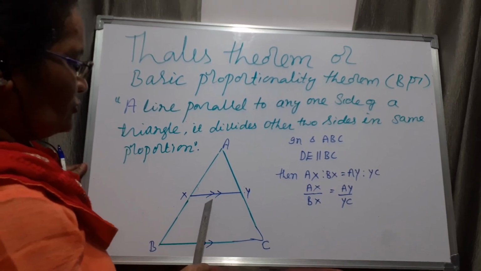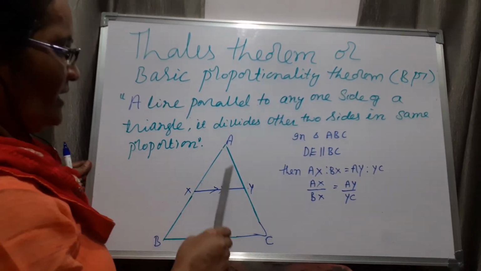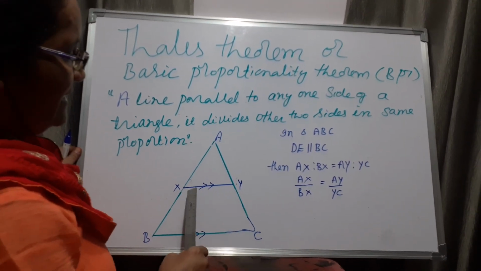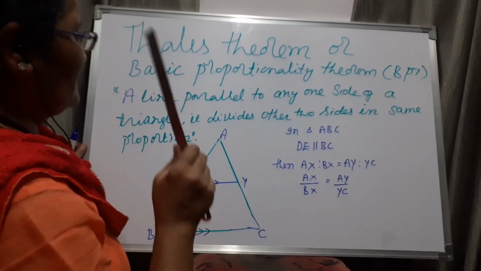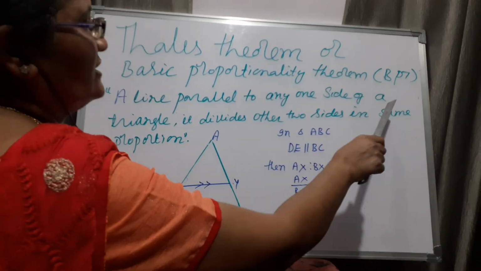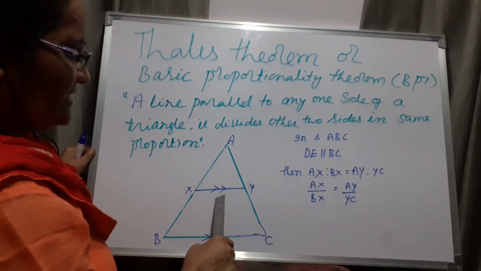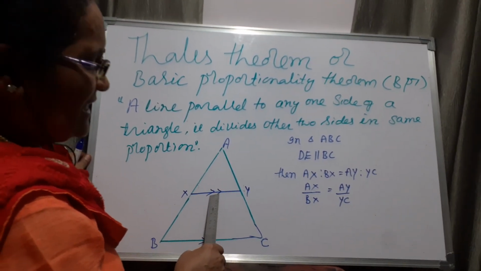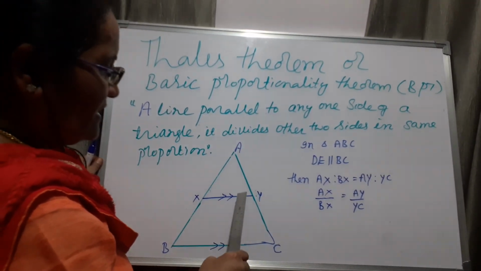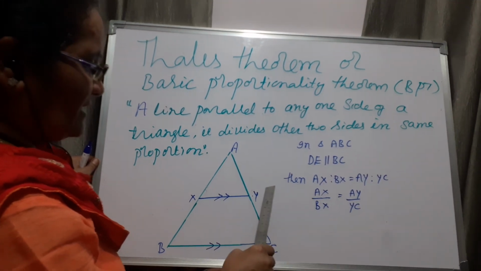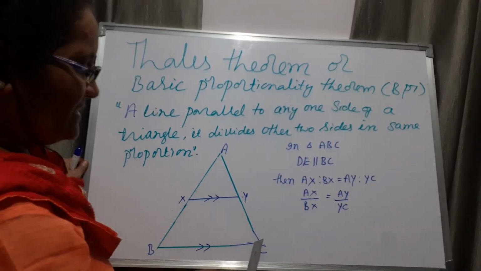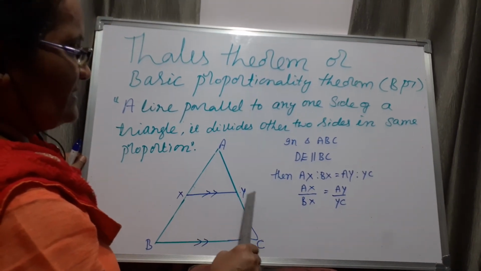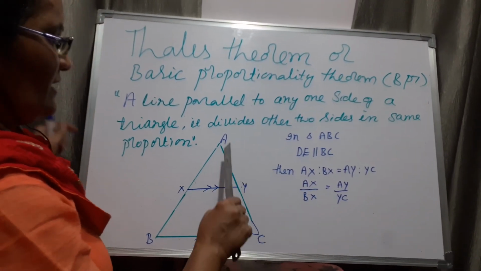Maybe it is parallel to AC or it may be parallel to AB. For my teaching I have taken XY parallel to BC. Here XY is parallel to one side of the triangle, BC. Now this line divides the other two sides. Which are the other two? AB and AC. This line divides the other two sides in the same proportion.